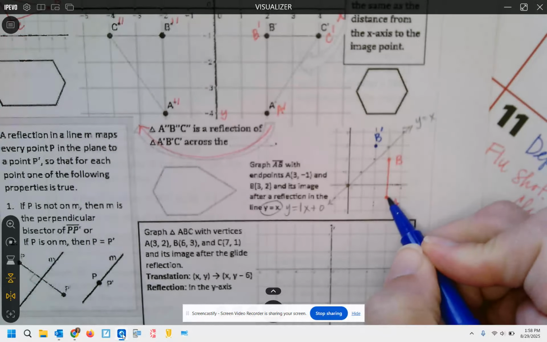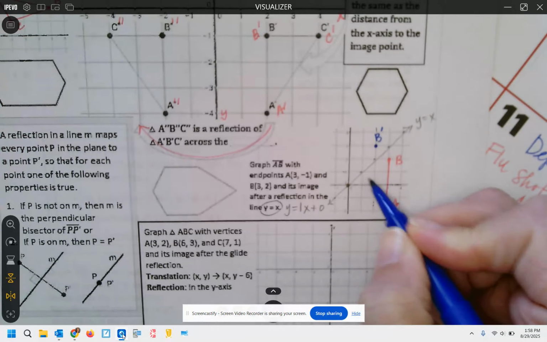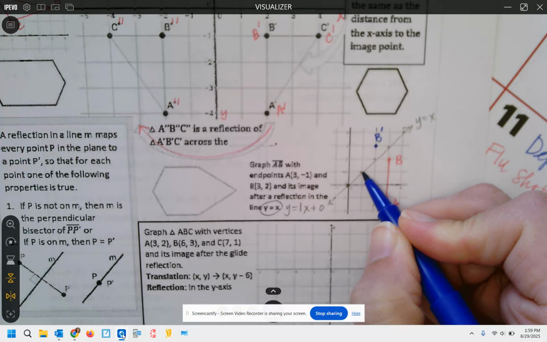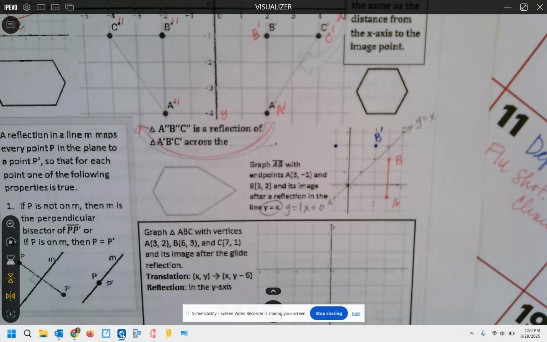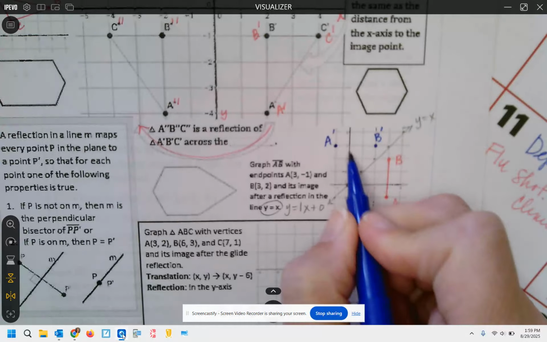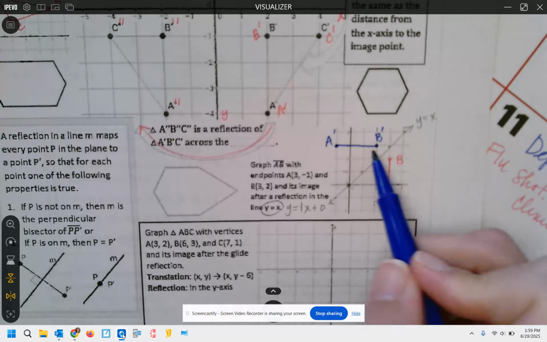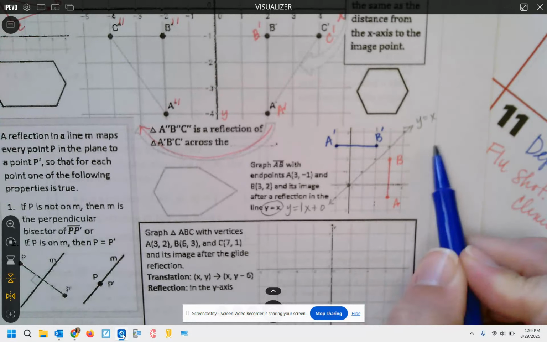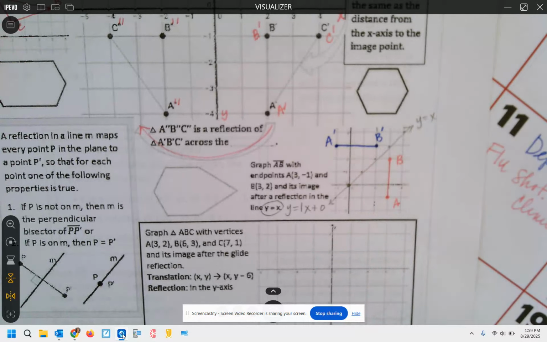And the same kind of thing for A. If we go diagonally through, it takes us 2 boxes to get to the line, so we could go diagonally through 2 other boxes on the other side. And that would be A prime, B prime. You can see that if we were to extend this, and if these were lines instead of segments, they would intersect and they would be perpendicular to each other.